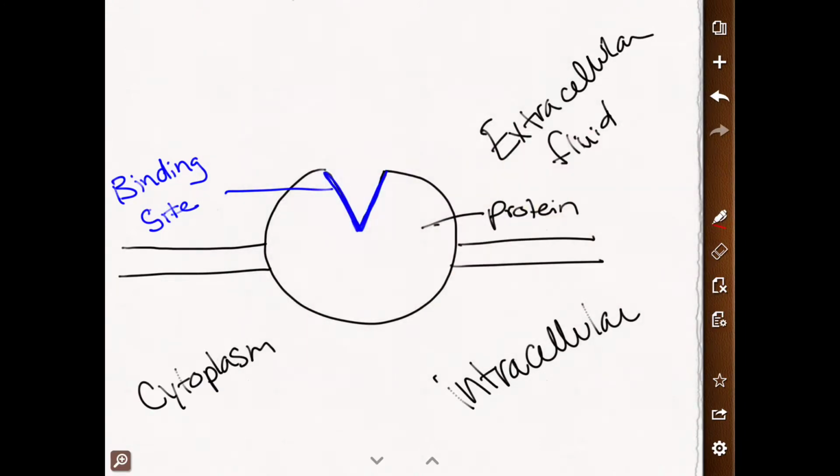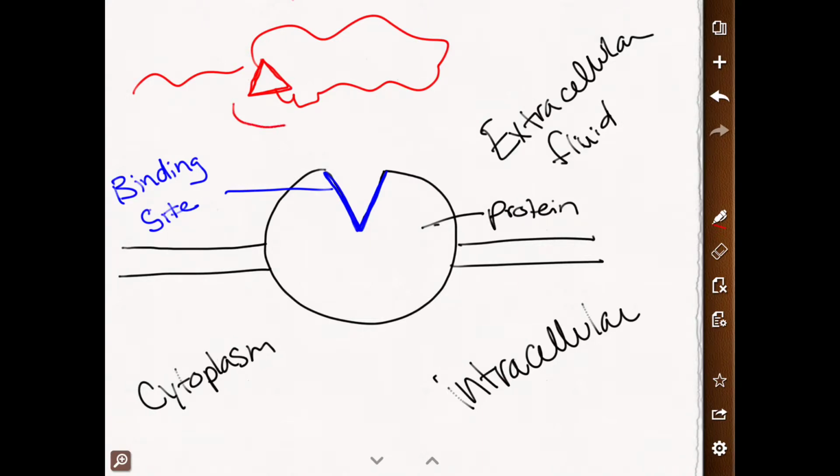It could be a ligand or another protein or something of that nature. And it's out here and it's floating along, and whatever its shape, it's going to have this little piece, this little region that is going to basically fit perfectly into this binding site. And this is kind of how they recognize each other.